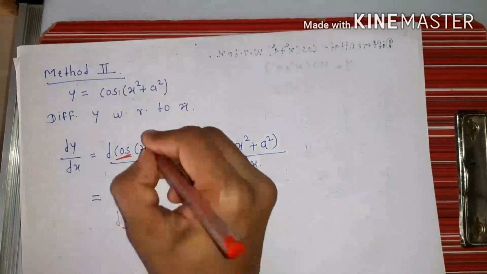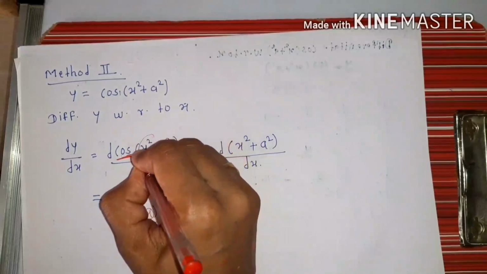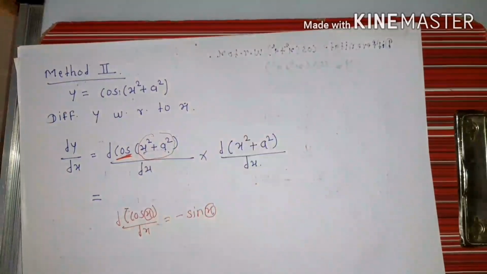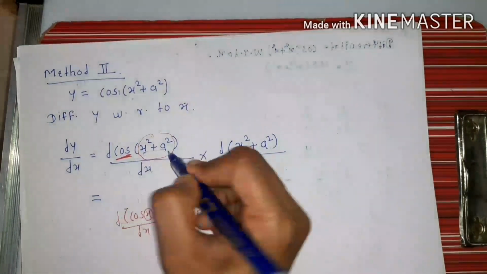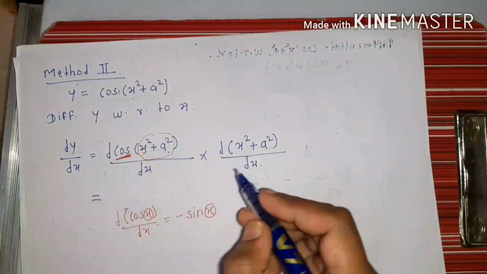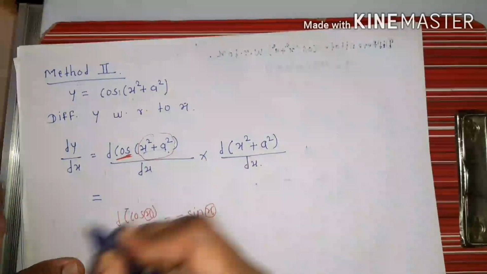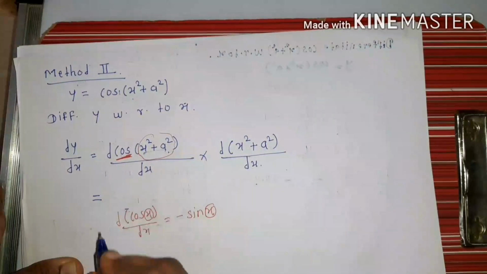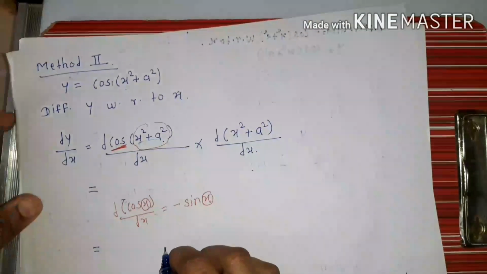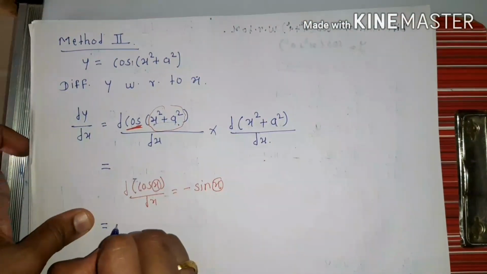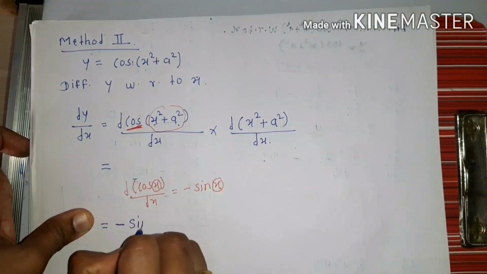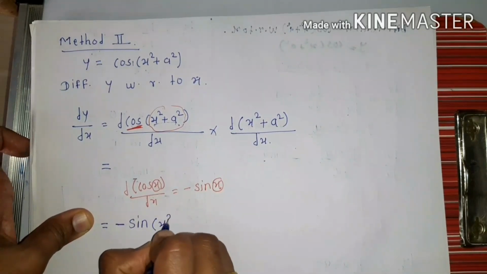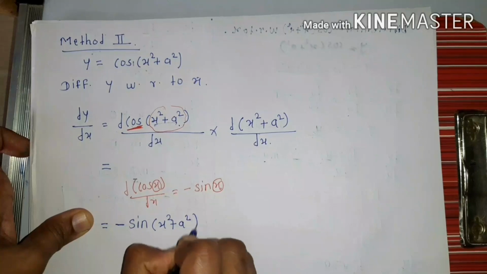Only instead of x here x square plus a square is there, and therefore x equals x square plus a square in this differentiation. So by using this formula the differentiation is minus sine of x square plus a square.